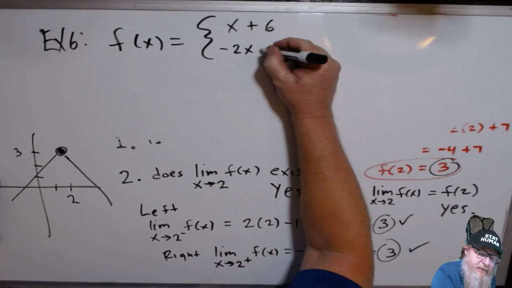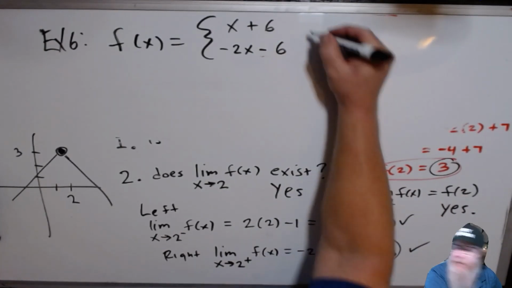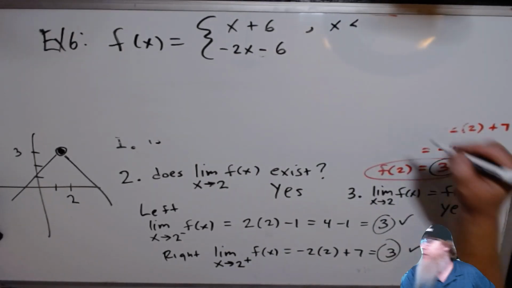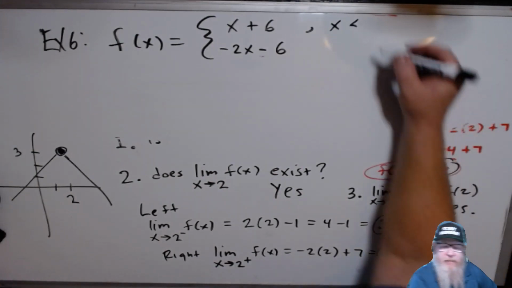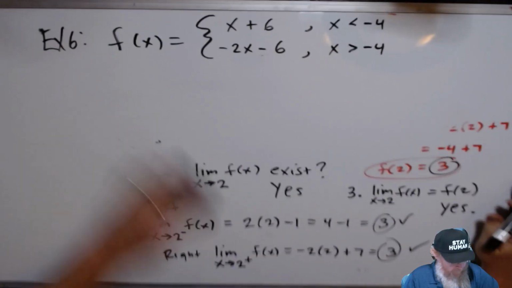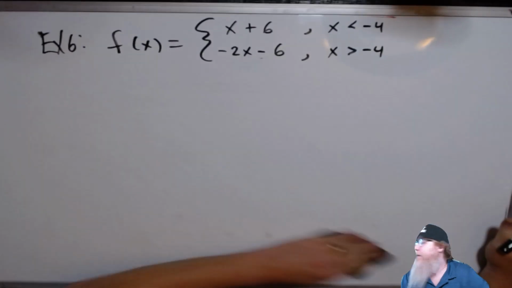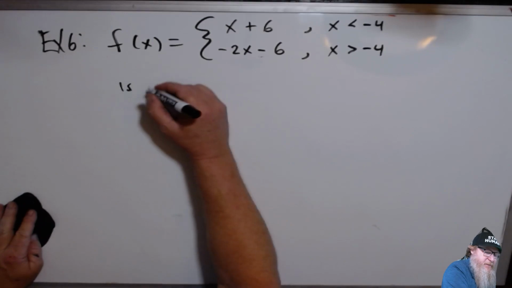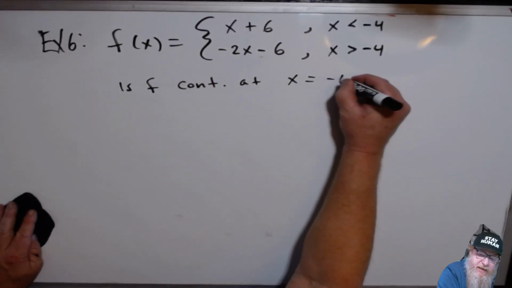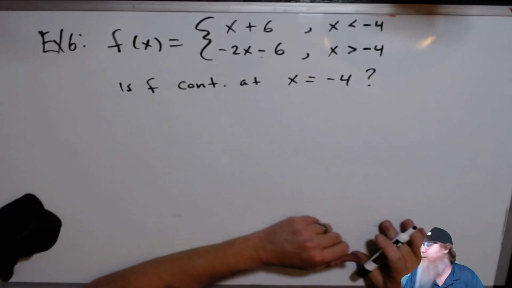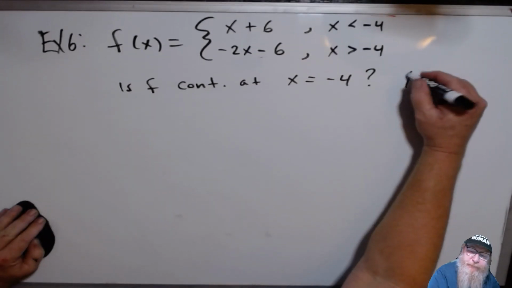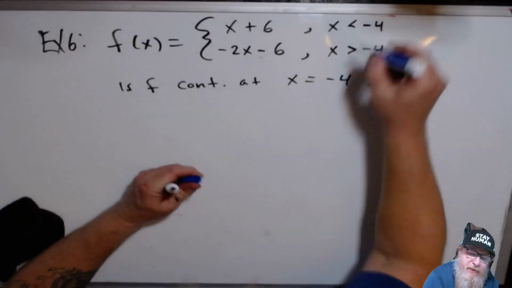Negative 2x minus 6. I'll use a comma this time. All right, so is f continuous at x equals negative 4? No. Yeah, look.